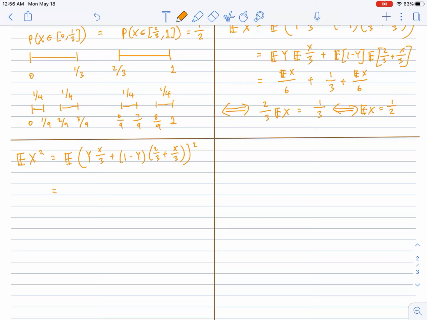Through a sheer amount of algebra and expanding, which I'll skip the steps of here, we can get this expression we see here.